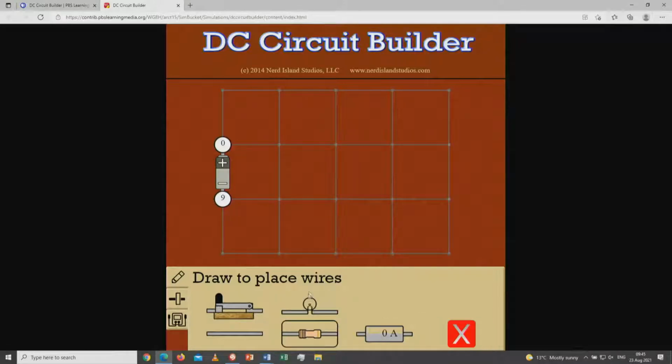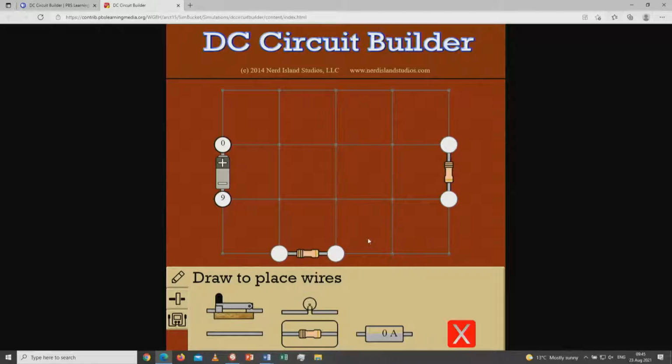We will have a resistor. Let's put it here. And another one, perhaps I need to put it here. You know, sometimes the planning of the circuit board can be a challenge, because you need to also give room for other components.